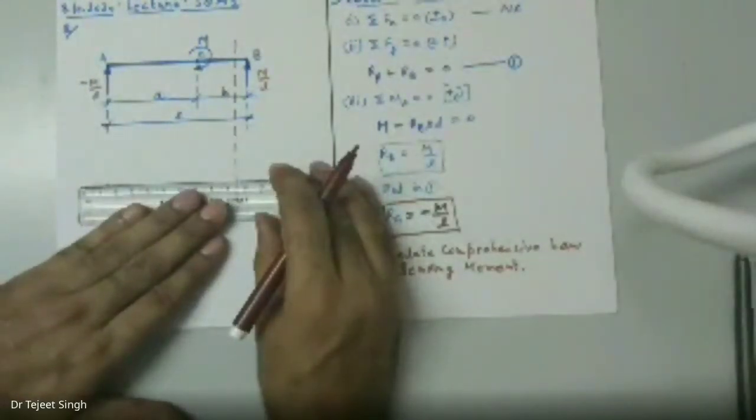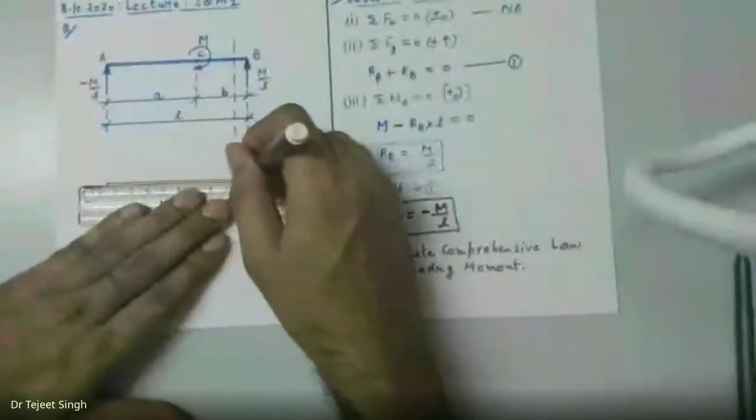So first I draw the beam on the left hand side of the section like this.